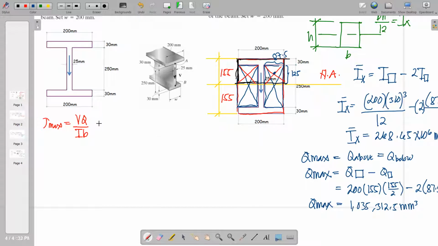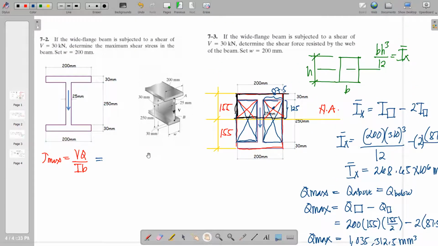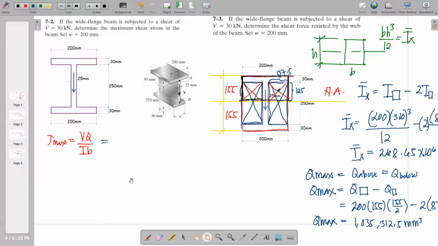Say our V is 30 kilonewton. So let us express that in terms of Newton. So Q is 1,035,312.5.